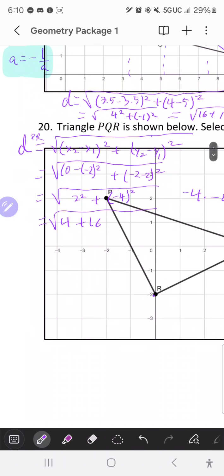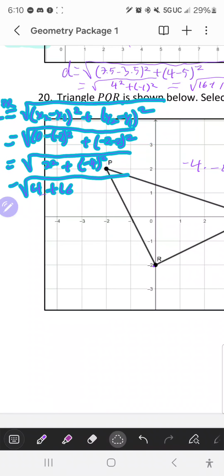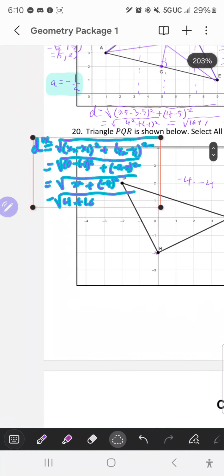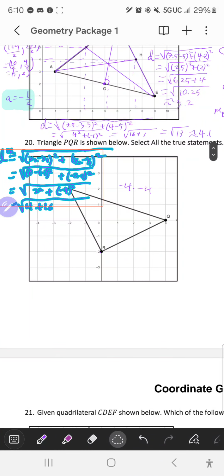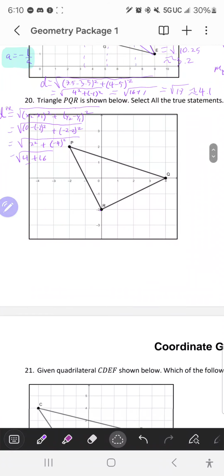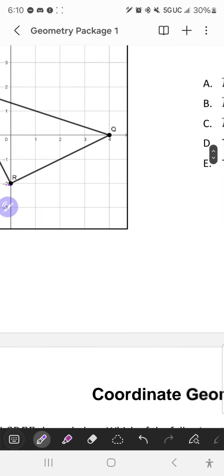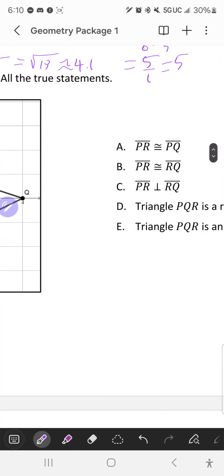I'm going to move this to the side again and make it a little smaller, better. This is going to be equal to the square root of 4 plus 16, which is 20, so the square root of 20.